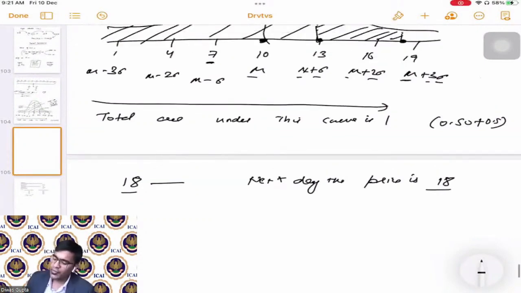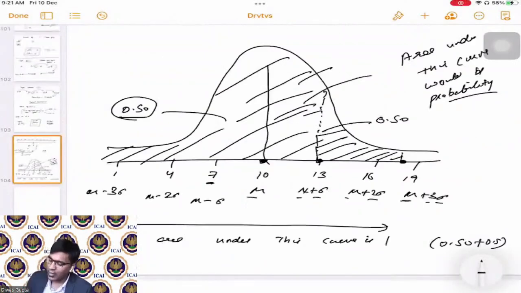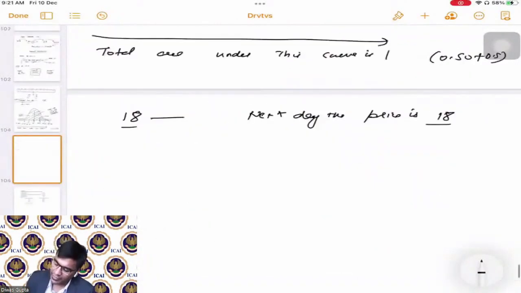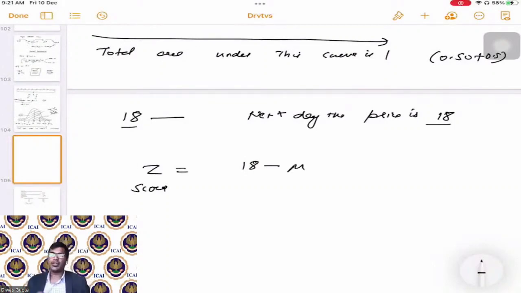So now we have understood the concept, correct? Now how to check it? We have to find a Z value here. There is a Z score that we have to find. It is found by taking the value for which we have to find the probability, which is 18, minus mu, divided by the standard deviation.